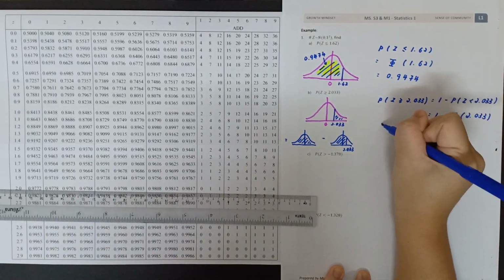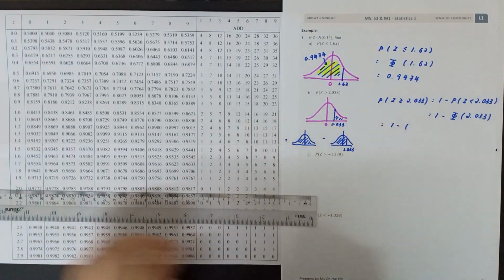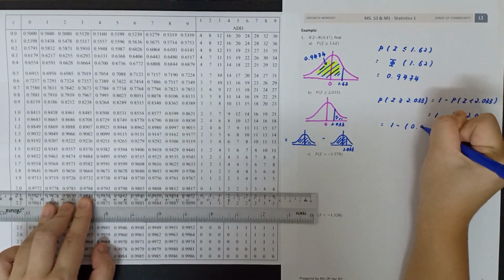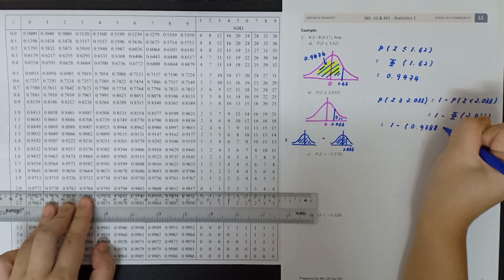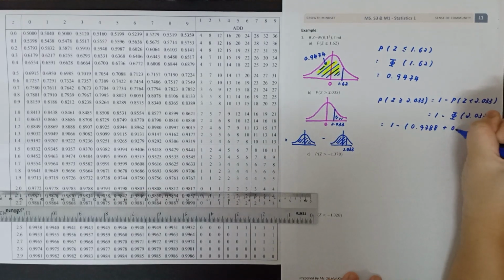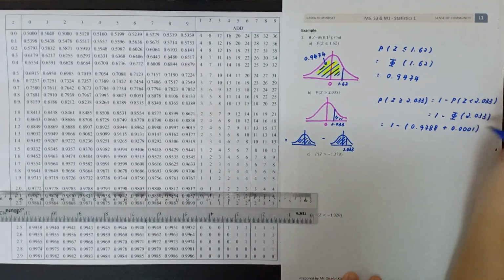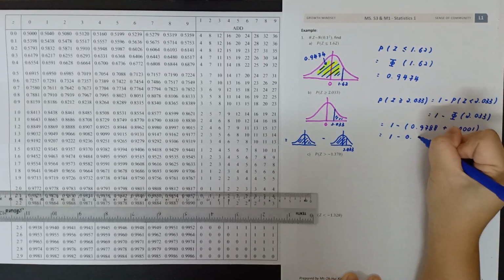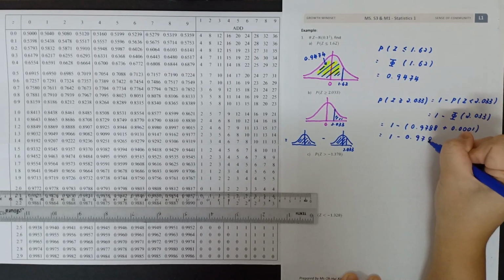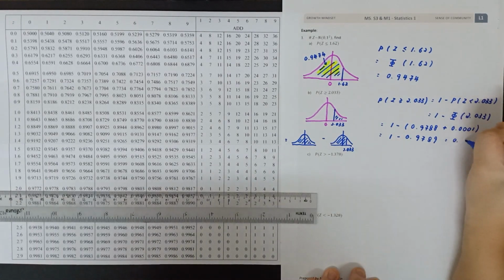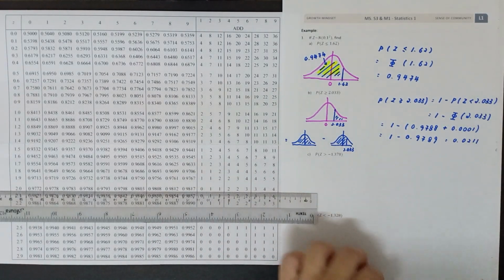Okay, so I write here 1 minus, then 2.03 is going to give me 0.9788, and I'm going to add the last 3 here, which is 0.0001. So I add them together, 0.9789, which by using my calculator I should be able to get an answer of 0.0211.